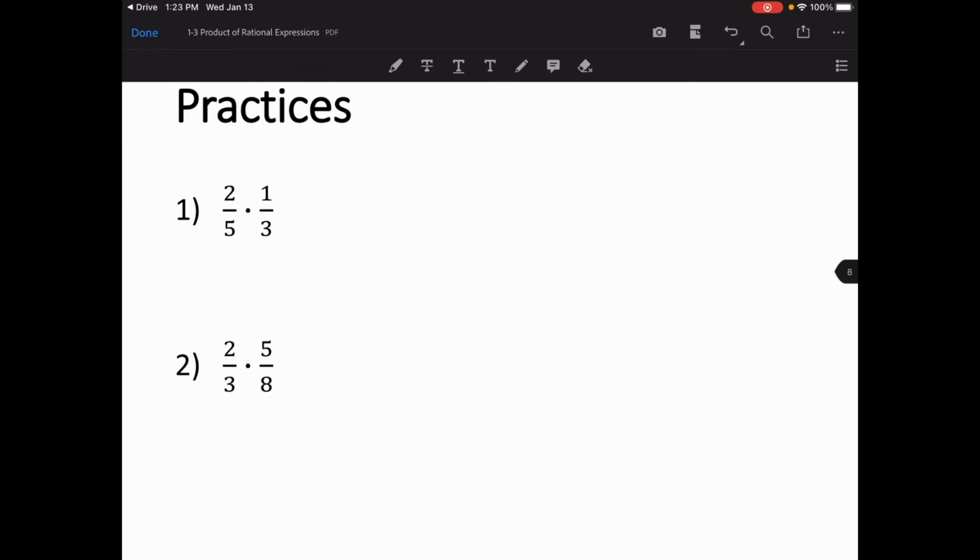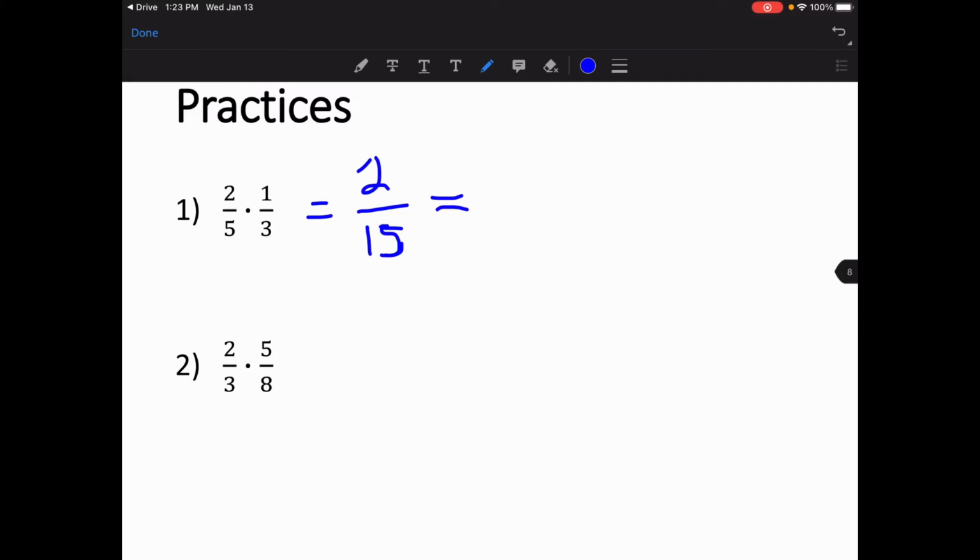Alright, let's look at the first one. To multiply this, again, we multiply across, so 2 times 1 is 2, all over 5 times 3 is 15. Can I simplify this any further? There is not a number by which I can divide both of these, therefore 2 over 15 is my answer.